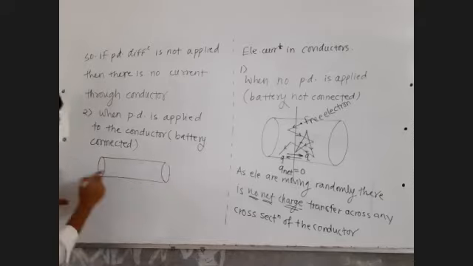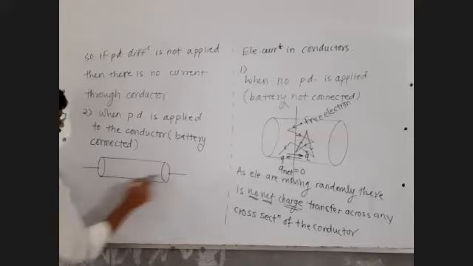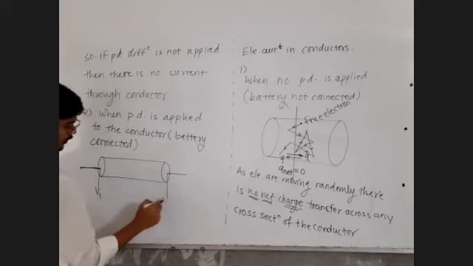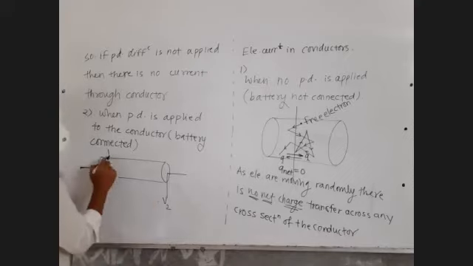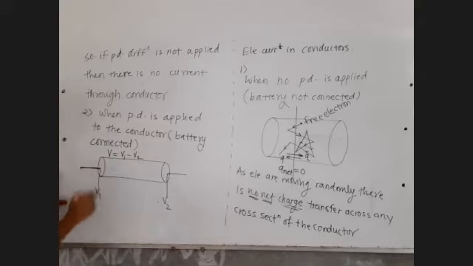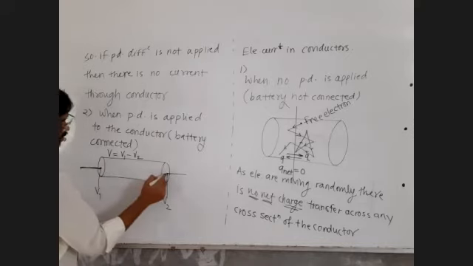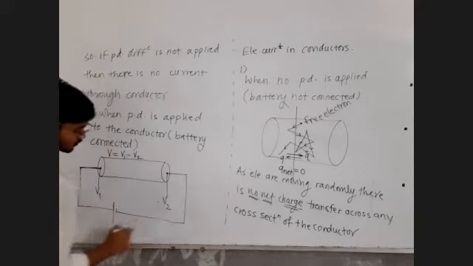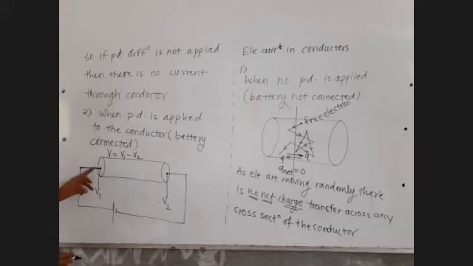Let's say this is the conductor and we are connecting the battery. This is the higher potential terminal. Here the potential is V1, here the potential is V2. The potential difference V is equal to V1 minus V2. This is the higher potential terminal, this is the lower potential terminal.